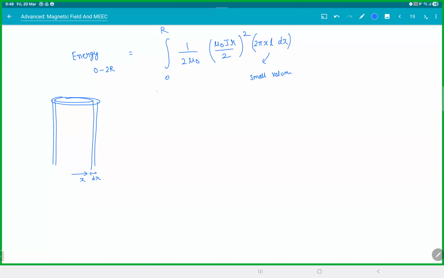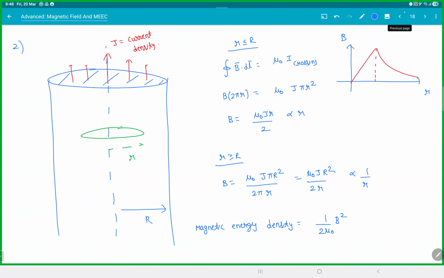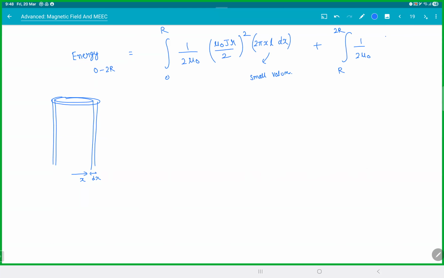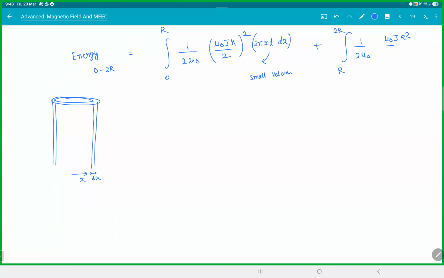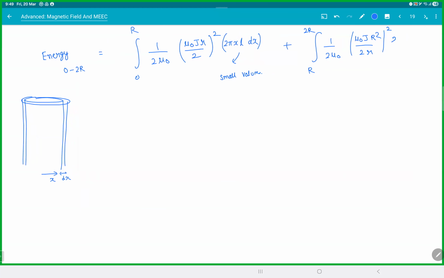So basically this term here is the energy stored inside the cylinder. Plus limits will go from R to 2R. You can actually do from R to infinity also, I guess. I'm not sure whether you will get something. No, we can't take infinity, you'll get a log term, so it has infinite energy.